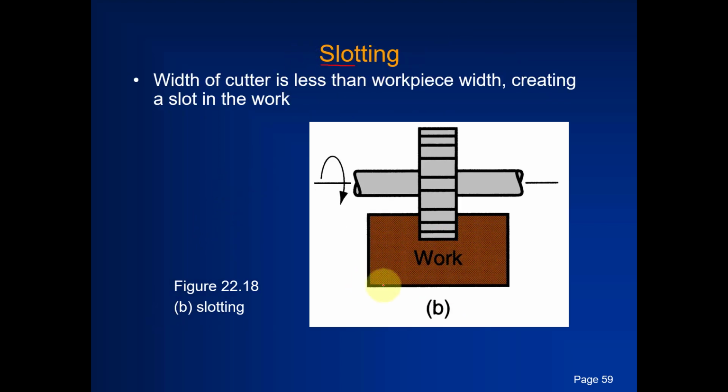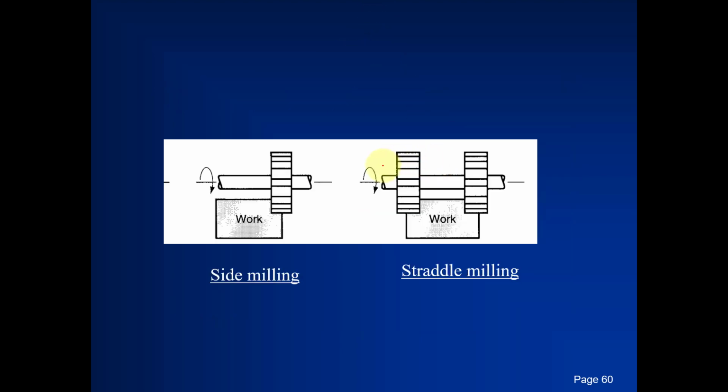Slotting. Now you can see that the width of the cutter is less than the width of the workpiece. So after performing the operation, you will get this workpiece having a slot in it. So that type of peripheral milling is known as slotting. Side milling. You can see this is a shaft having a milling cutter at one end and it is rotating with a certain RPM.